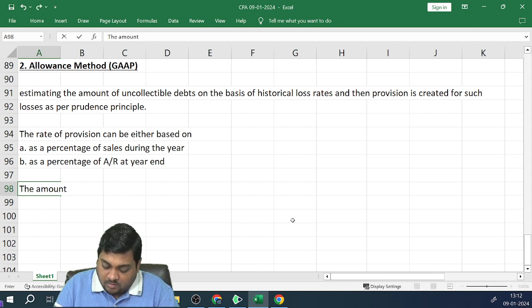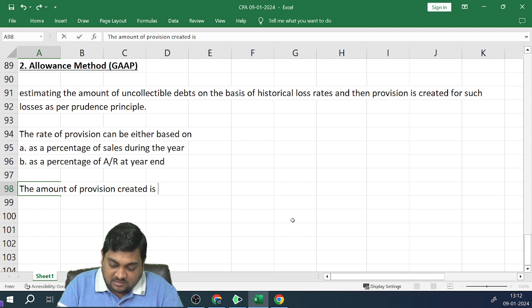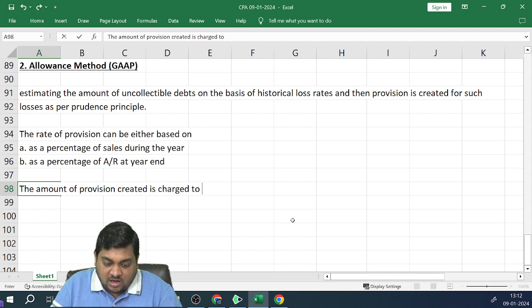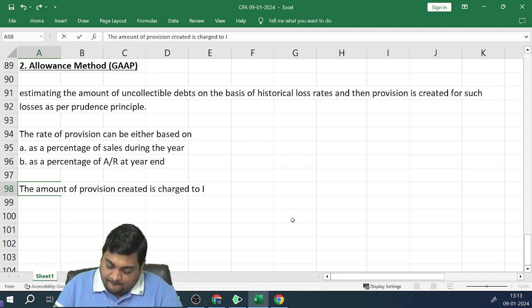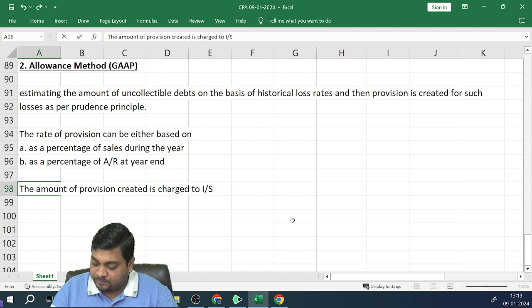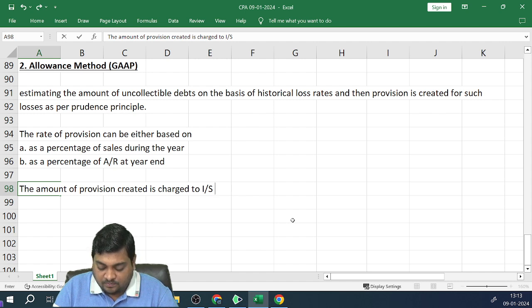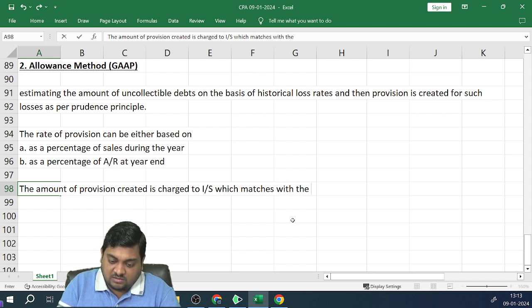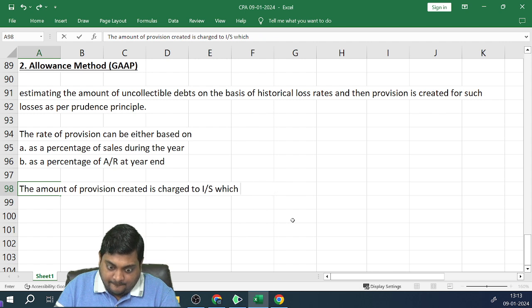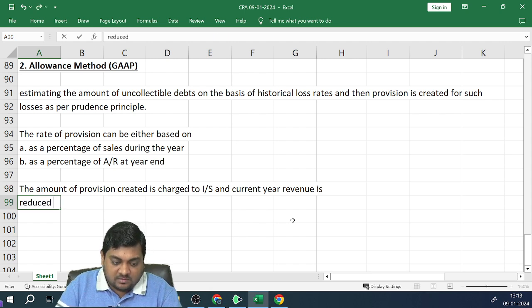The amount of provision created is charged to the income statement, which matches with the current year revenue, and current year revenue is reduced.